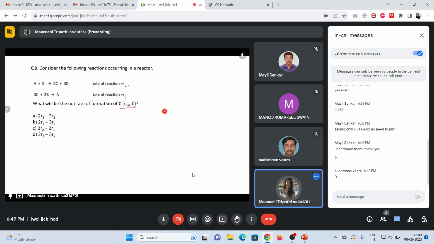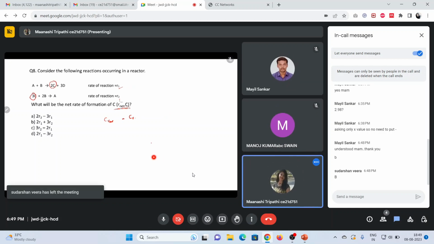We want to find out net C. So just look at the C, how it is forming and how it is deteriorating. So C, R net is what? Rate of formation of C minus rate of loss of C. So how it is forming and how we are losing it.